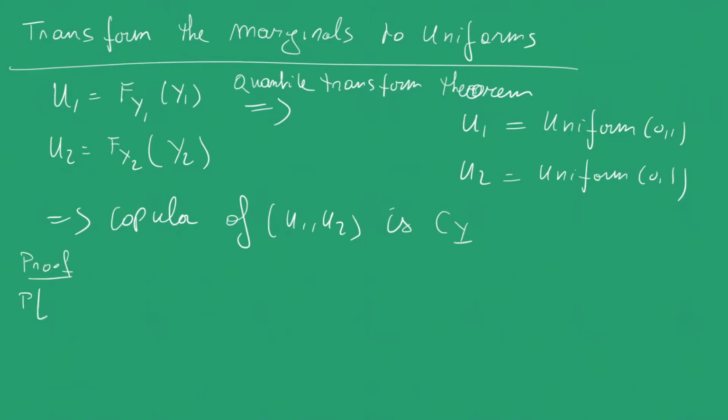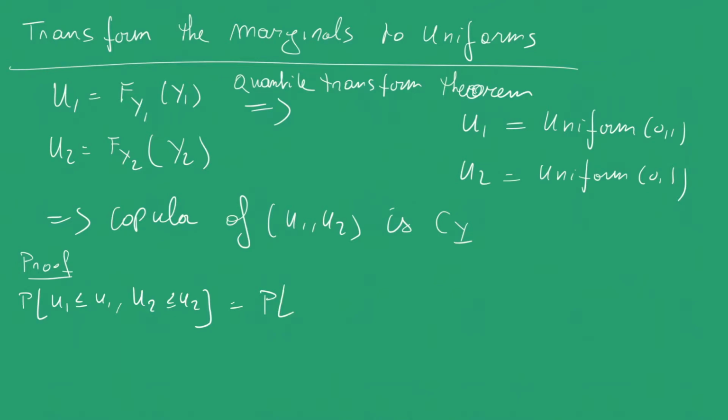We take the joint probability of the random vector u1, u2. A copula function is a joint CDF of a vector with uniform marginals. In this case, we transformed the y1, y2 to uniform marginals. So the copula of u1, u2 corresponds with the joint CDF of u1, u2. That's why I just determine this probability to get the copula, hence the joint CDF.